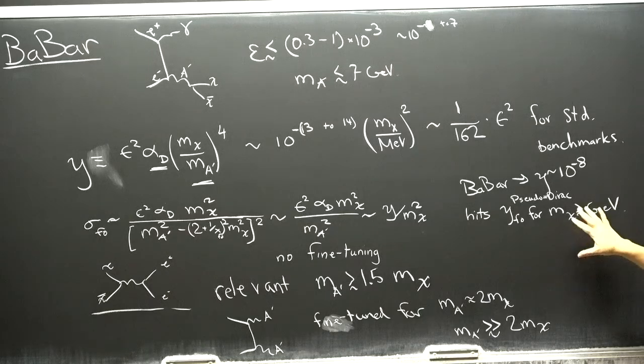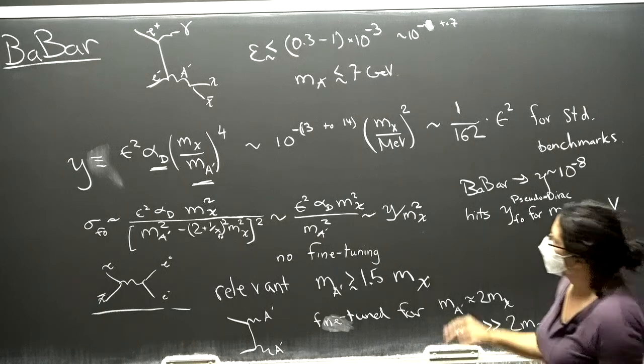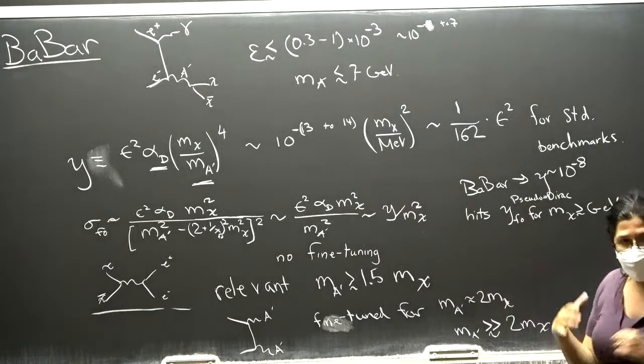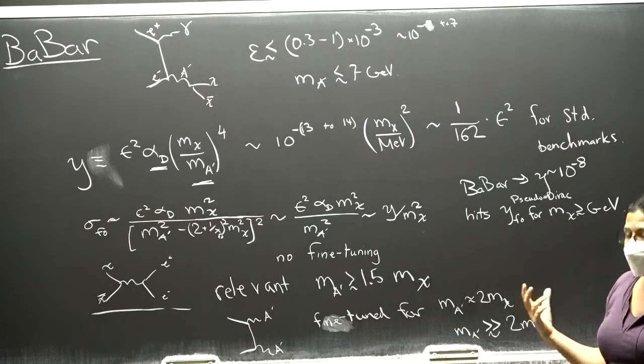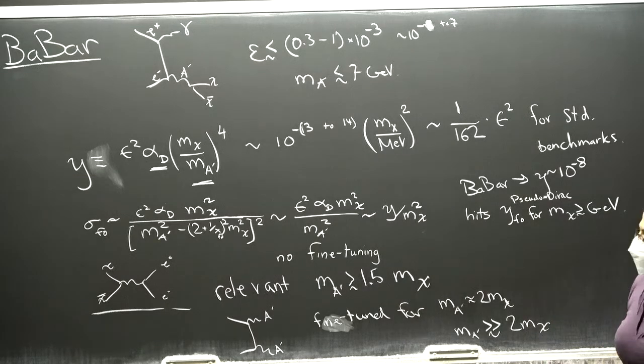So for dark matter above a GeV, the bar isn't just probing some of this simple thermal freeze-out dark matter parameter space. It's probing most of the thermal freeze-out dark matter space.